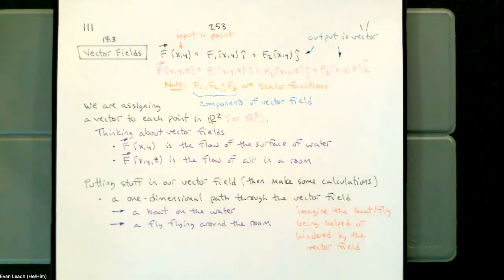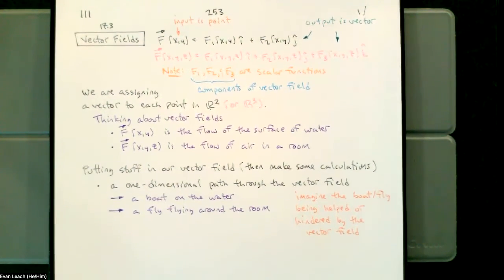Sometimes the boat is going to be trying to go against the current, and at other times the boat will be going with the current. So imagine the boat or the fly being helped or hindered by the vector field. The fly flying through the room, sometimes the air will be pushing it along, and sometimes the fly will have to fly into a headwind. But we're imagining this one-dimensional path in the vector field.